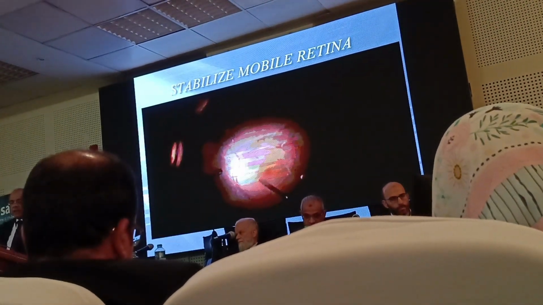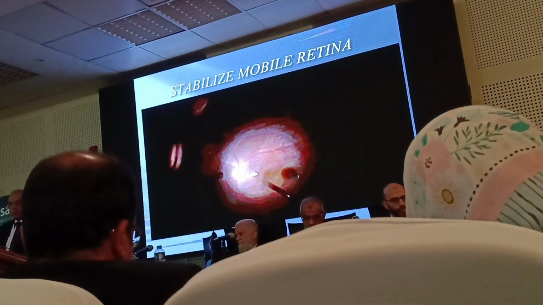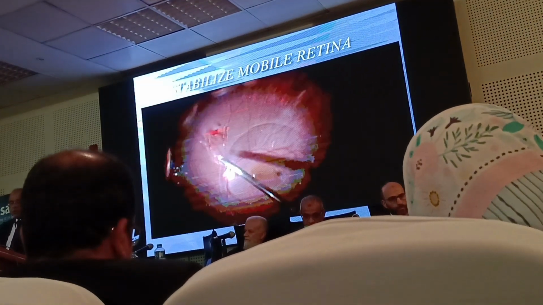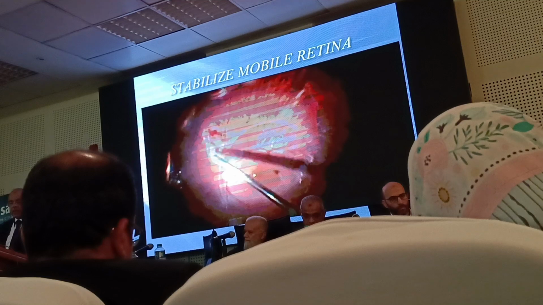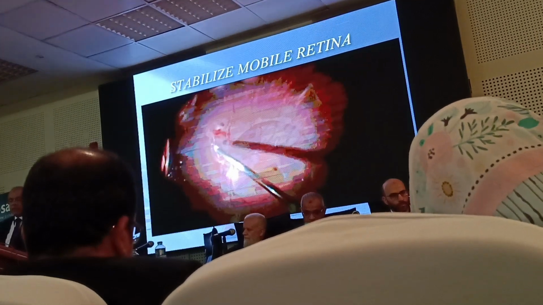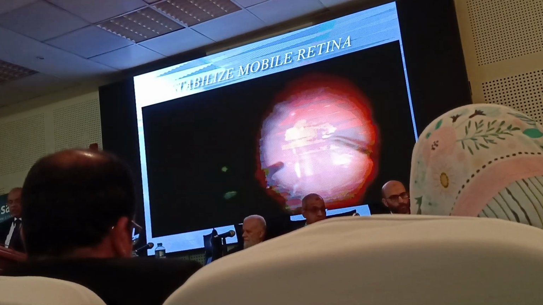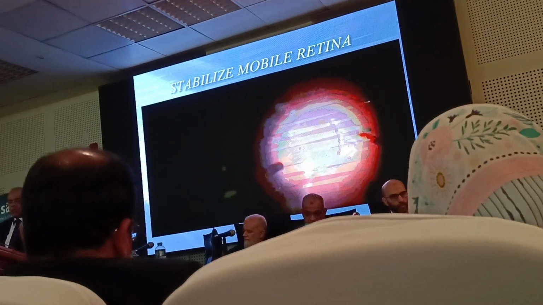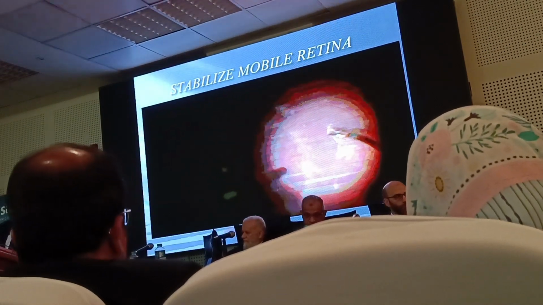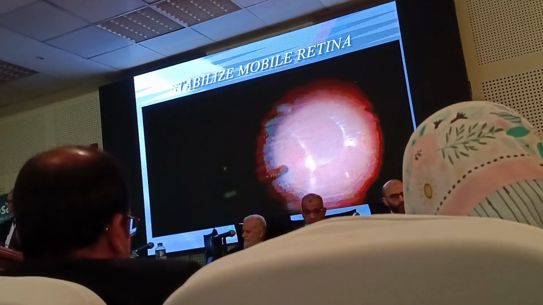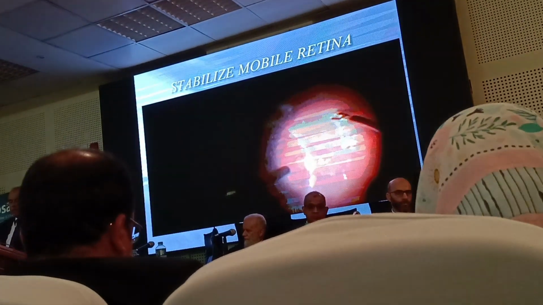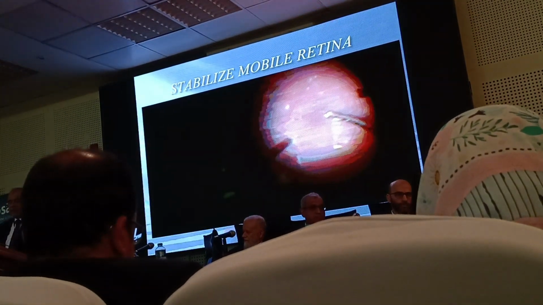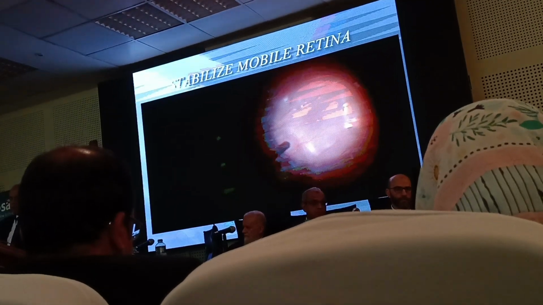But when I stabilize the retina by injecting perfluorocarbon liquid on the posterior fold, I can go quite easily to engage and remove the posterior hyaloid, whether by tennis scraper, by suction, or even by forceps, and this is kept until all the posterior hyaloid is removed.